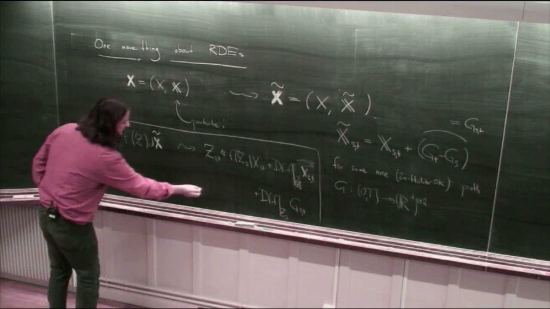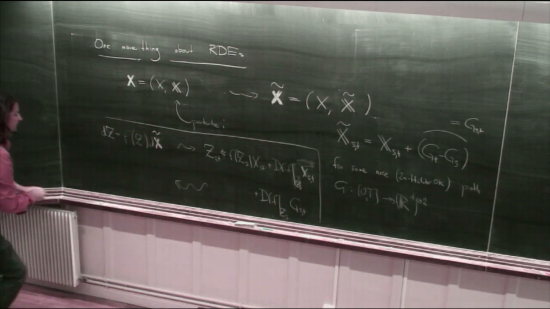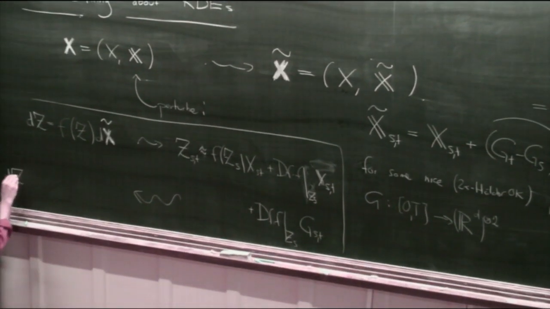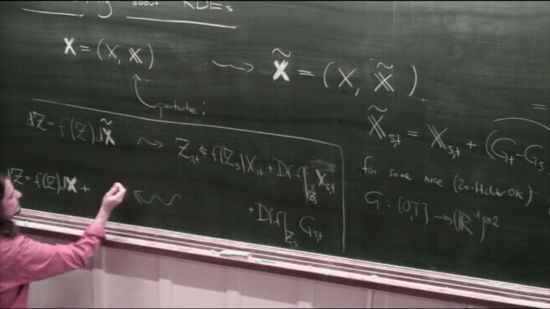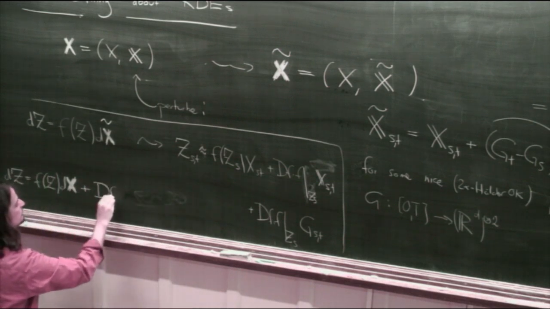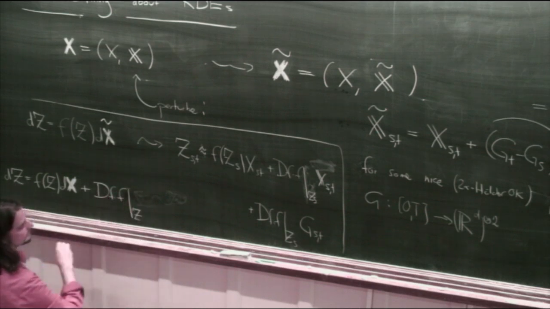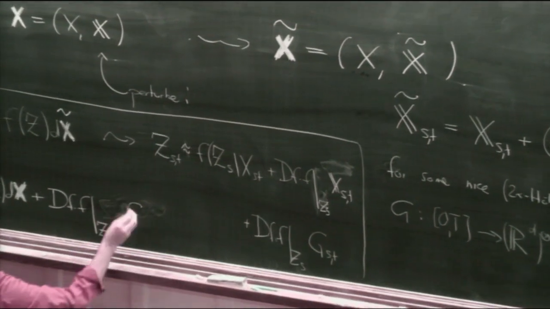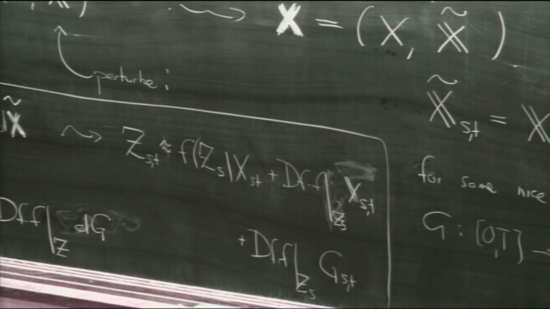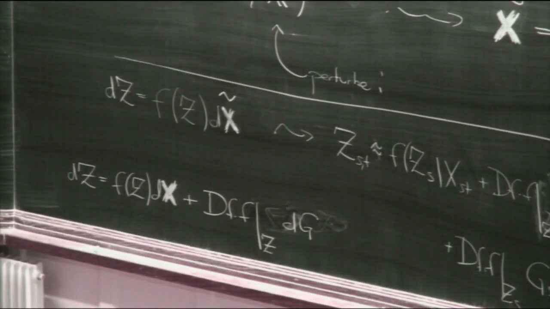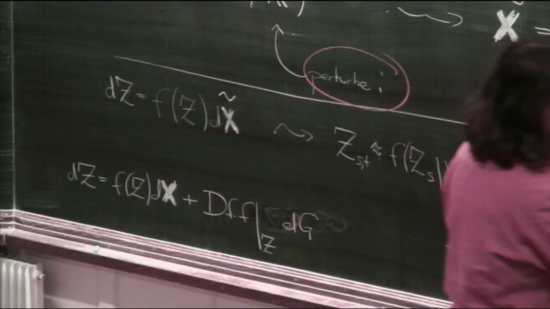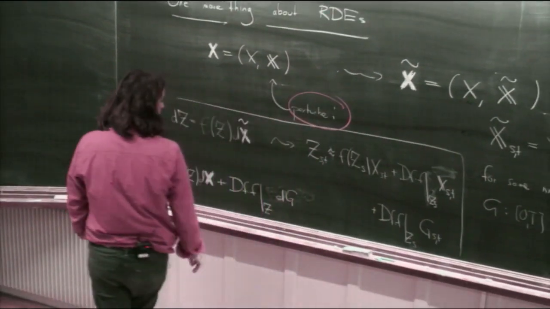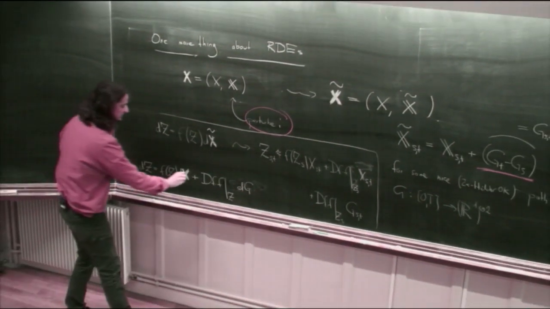So but now you can go back from this heuristic picture and say, well, the effect of perturbing the second order information here, this perturbation in this precise form, led to an additional drift term in your differential equation of this form.